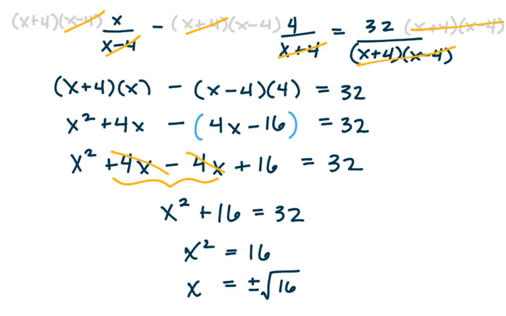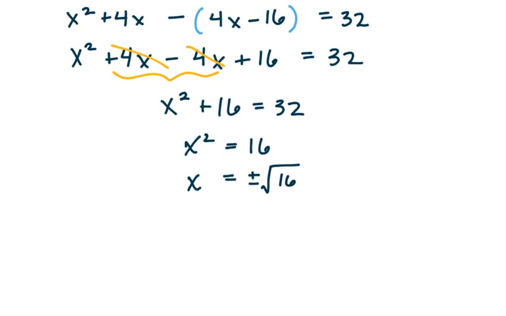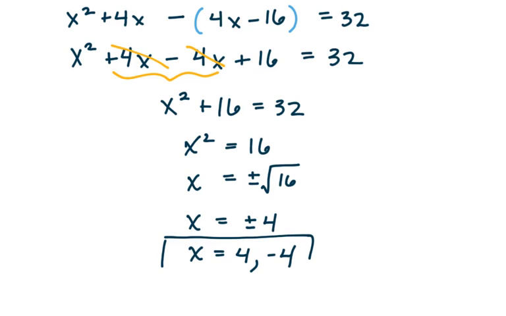Make sure you note that when we use a square root to solve, you have to put plus or minus in the problem. So what we're ending up with here is x equals plus or minus 4, or rather two answers, x equals positive 4 and negative 4. And we go, oh yay, we are all done.